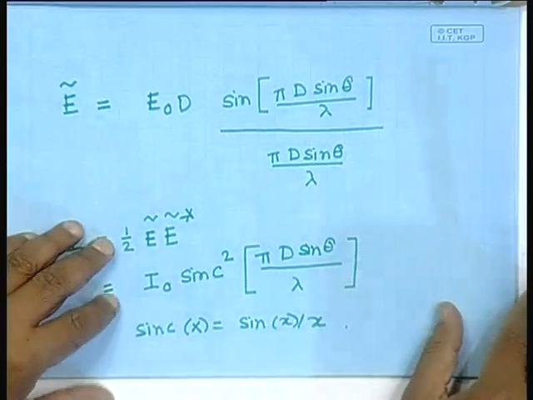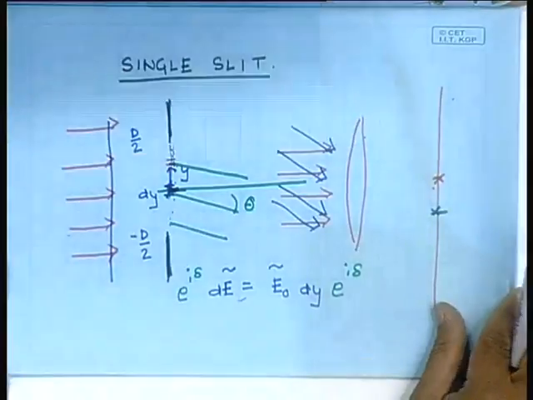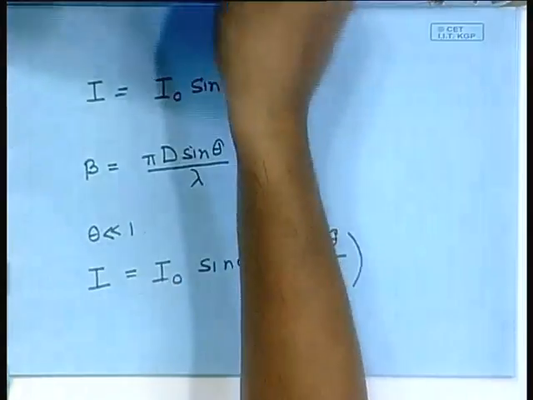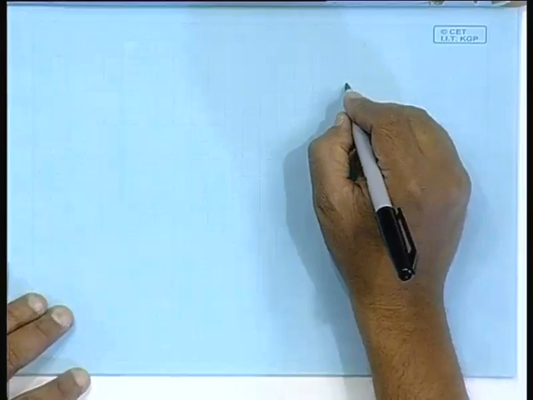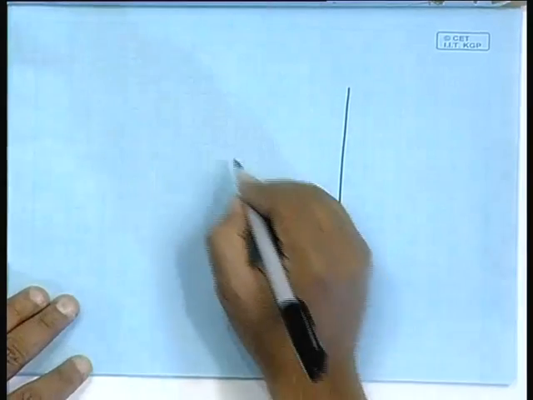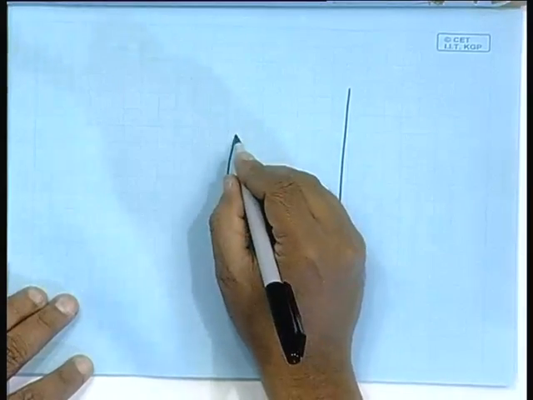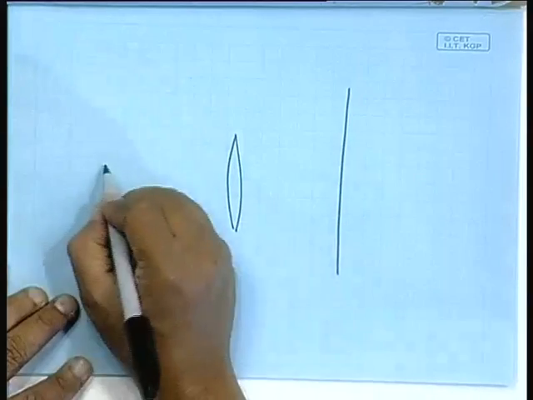Let us just forget about this expression and rethink about the problem. So, I have a screen, I have a lens, I have a plane wave.